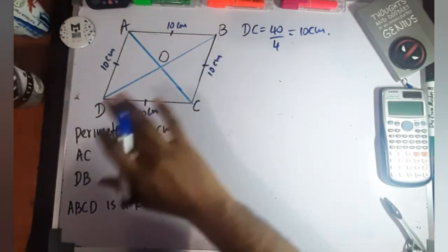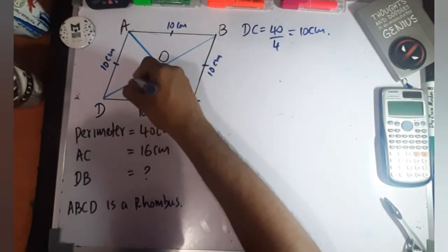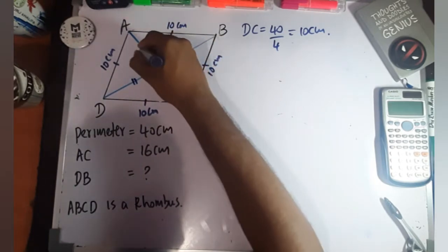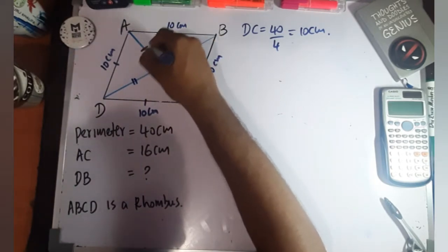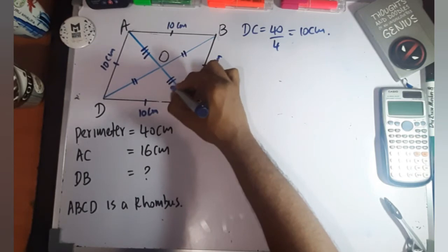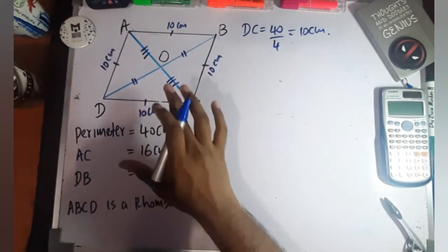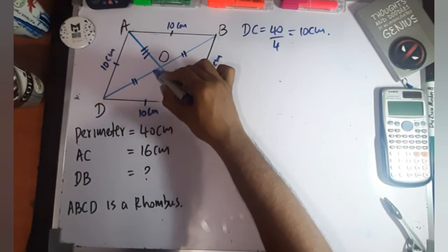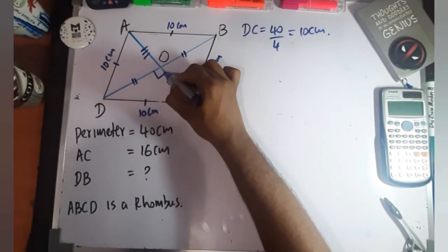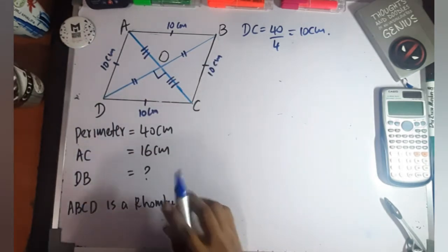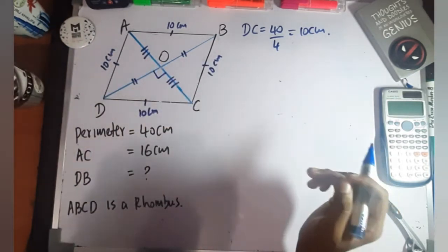That is true. In any parallelogram, this diagonal will bisect the other and this diagonal also will be bisected by the other diagonal. This is true for any parallelogram. But in rhombus, the speciality is they will bisect at 90 degrees, which means the angle here would be 90 degrees. Let's see how that helps to solve our problem later.